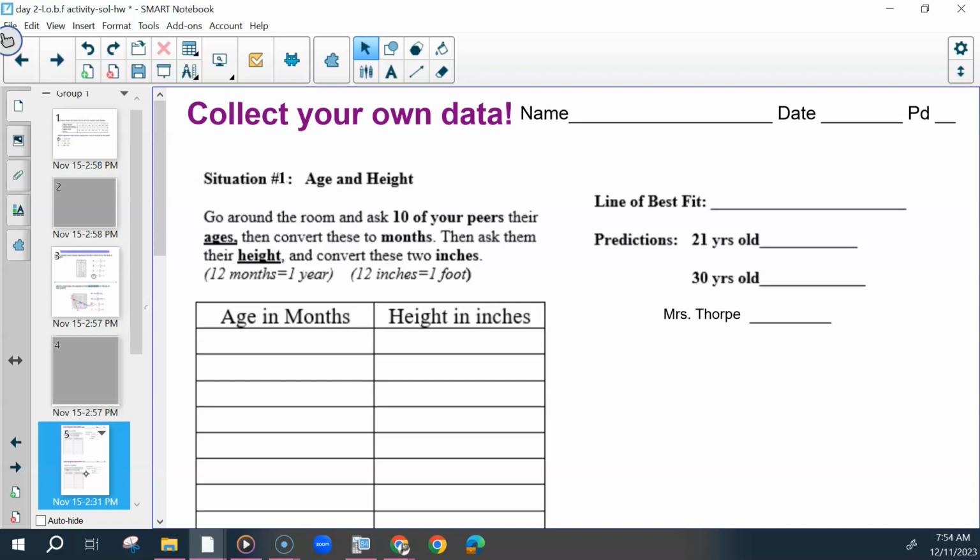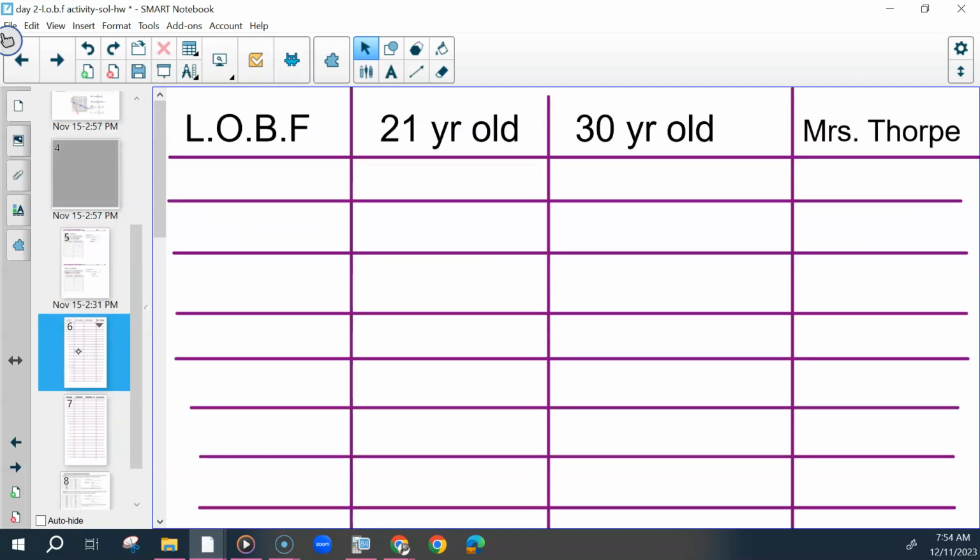You can guess however old you think I am, and that will help you figure out. Wait, you have to ask you too? No. You're going to guess my age, so you can figure out my height. So these predictions are based on your Desmos or calculator, x equals, y equals, you putting those in. After you find all of this data, you're going to come up here and write your data.